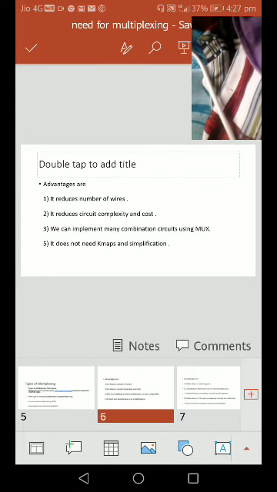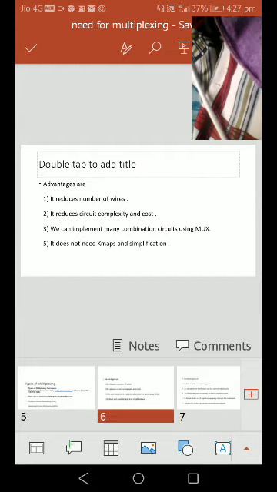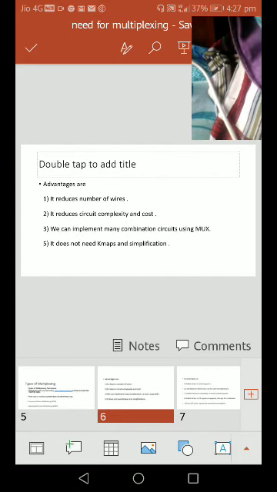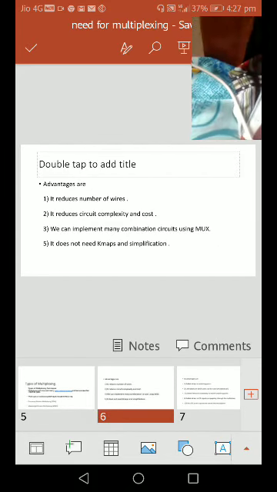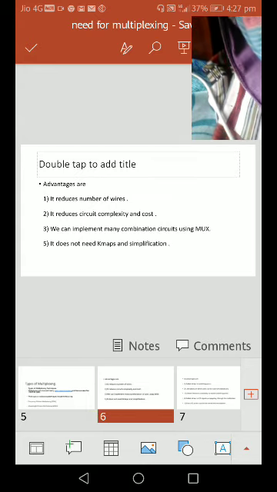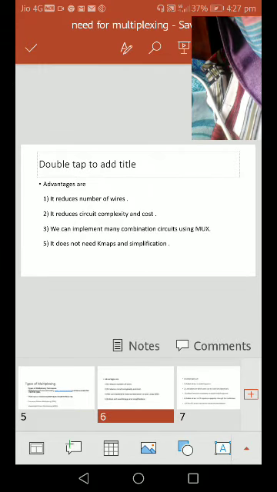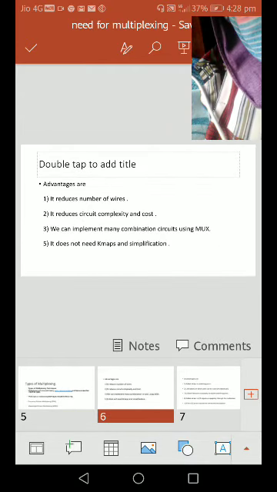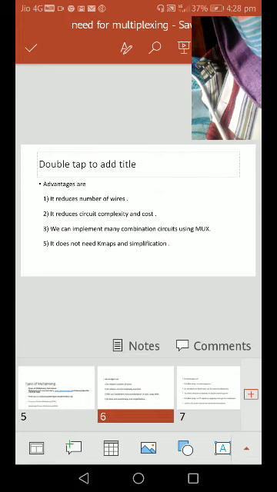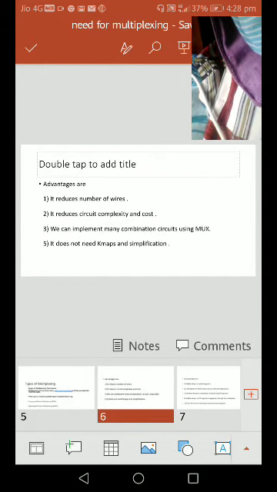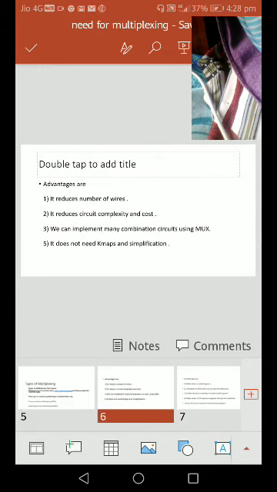Then we look at the advantages of multiplexers. The first advantage is that they reduce the number of wires. To link information among 10 members we would use 10 wires, and for 30 members 30 wires, and it goes on increasing.